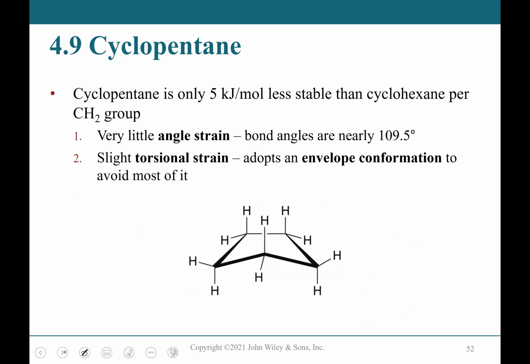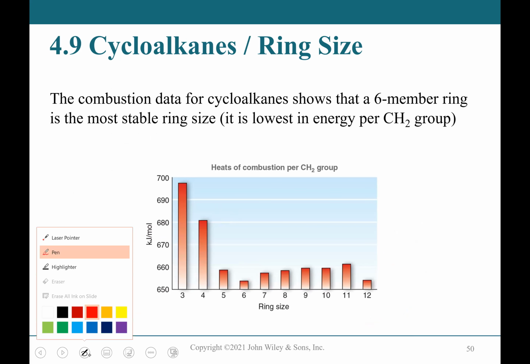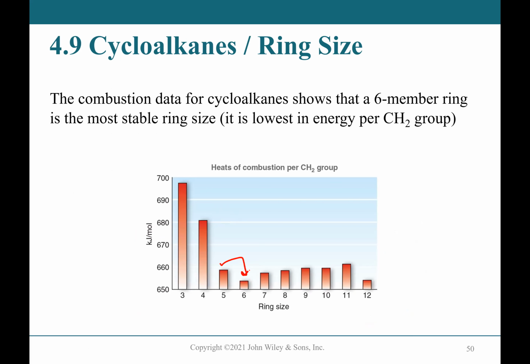Cyclopentane is only 5 kilojoules per mole less stable than cyclohexane. Very little angle strain. If we go back, there should only be about 5 kilojoules per mole between them, and you can see that right here.